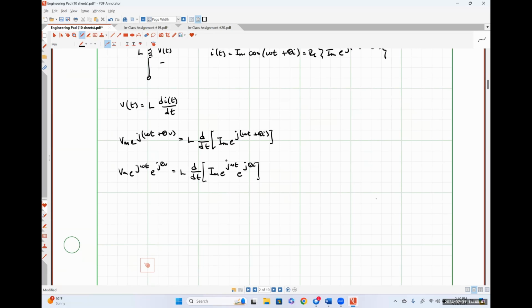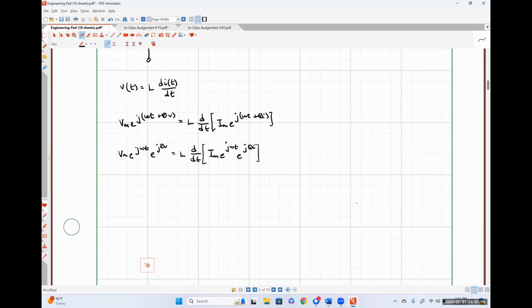The reason why I did that is because it's going to let us take that derivative on the right-hand side a little bit more easily. Im is constant with respect to time. e to the j theta I is constant with respect to time. So really, all we're taking the derivative of is e to the j omega t. The derivative of e to the j omega t is just j omega e to the j omega t, because it's a simple exponential function.